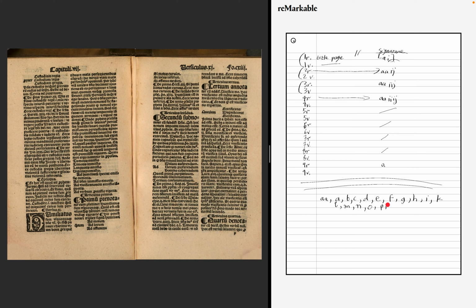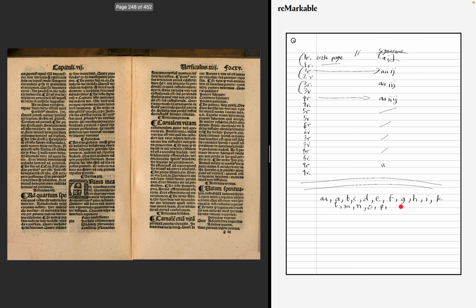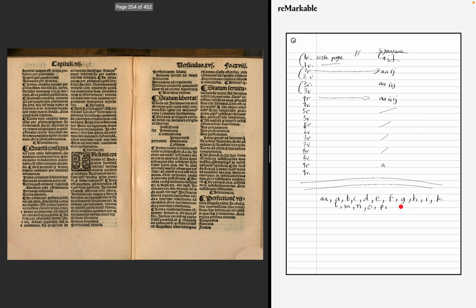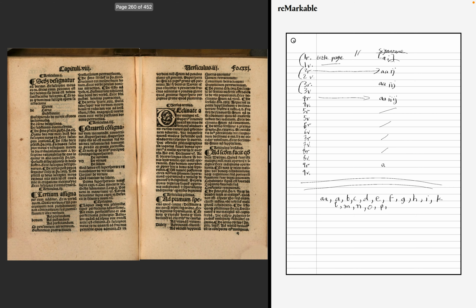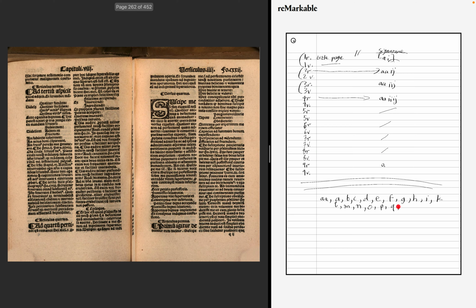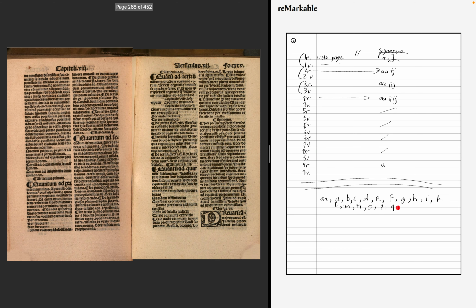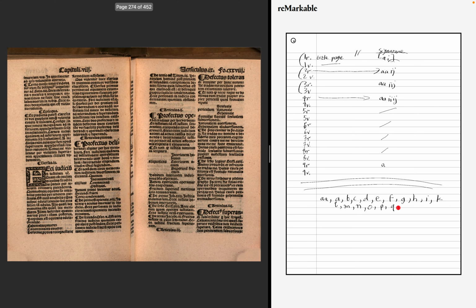P, 1, 2, 3, 4, 5, 6, 7, 8, and Q. Q1, 2, 3, 4, 5, 6, 7, 8.